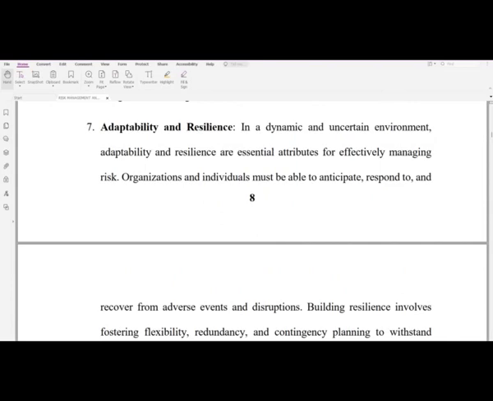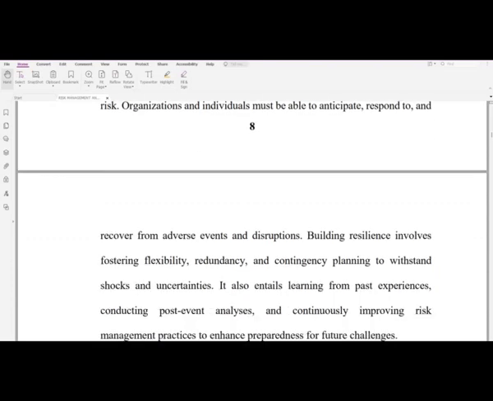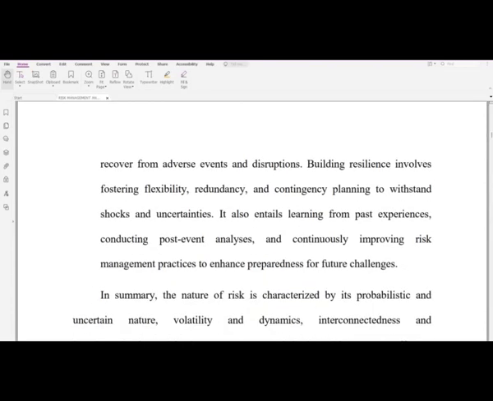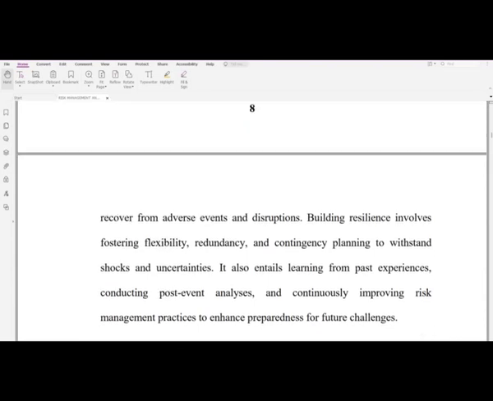You should be able to respond should any eventuality happen. And building resilience involves fostering flexibility, redundancy, and contingency planning to withstand shocks and uncertainties. It also entails learning from past experiences, conducting post-event analysis, and continuously improving risk management practices to enhance preparedness for future challenges.